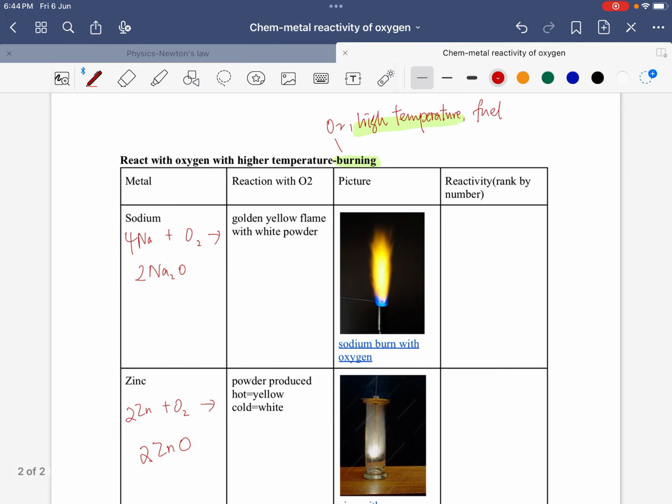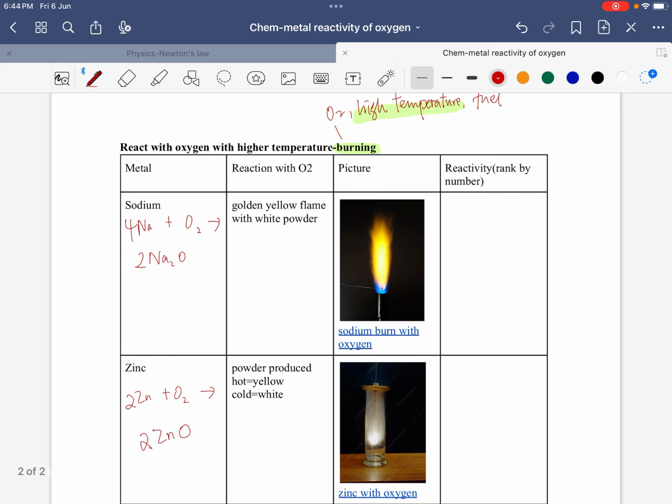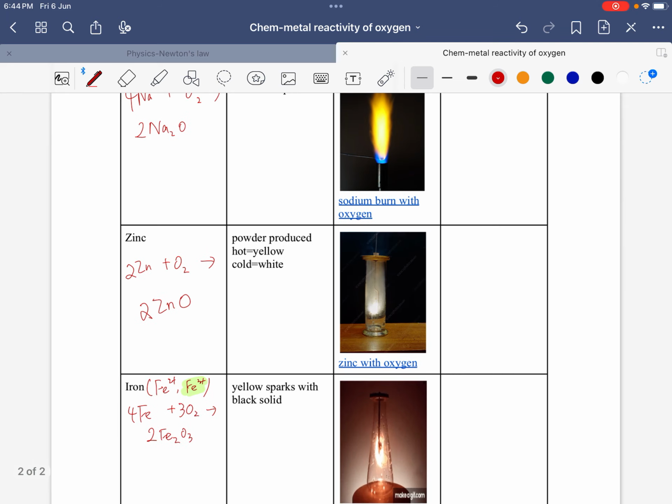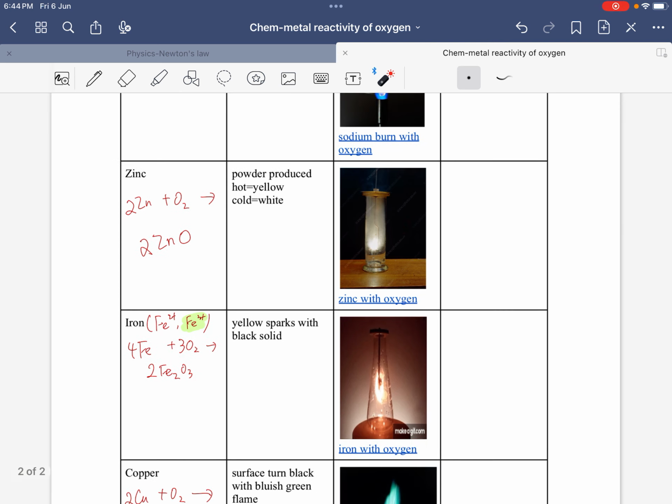Okay, so for the reaction with oxygen gas, we can see that for sodium, a golden yellow flame with white powder, and same for zinc, which will produce some powder and intense white light here. You can see the intense white light will actually be seen. And for iron, we will see yellow sparks with some black solid.